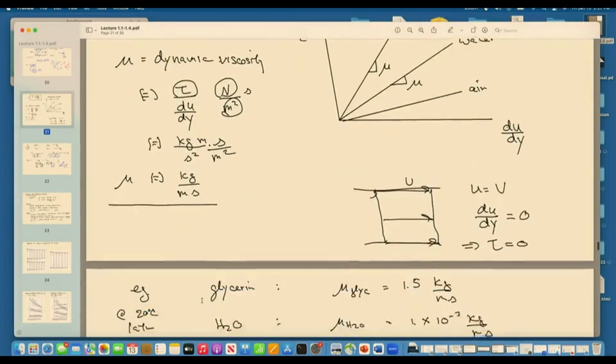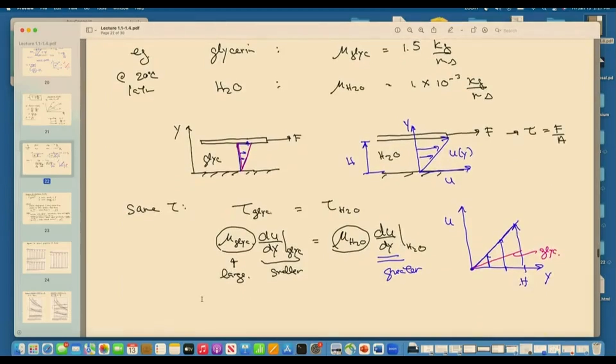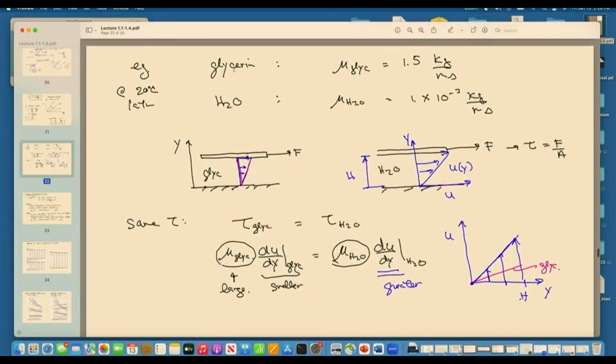Now, to emphasize this, let's compare two fluids with different viscosities. We have glycerin, which has relatively high viscosity at the standard condition, 20 degrees C, 1 atmosphere. The viscosity of glycerin is 1.5 kilogram per meter second, as compared with water, where the viscosity is 1 times 10 to the minus third. So we're talking 3 orders of magnitude difference in viscosity.